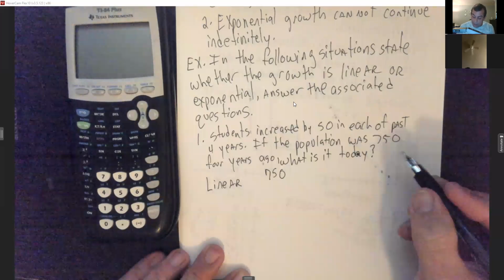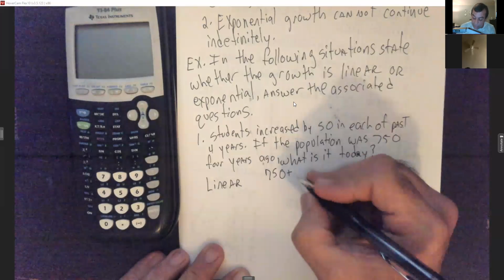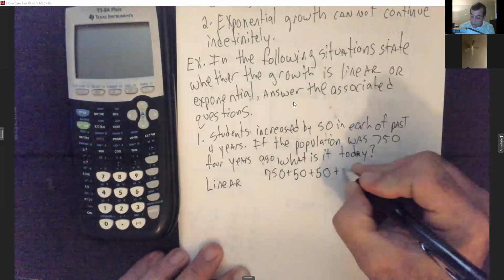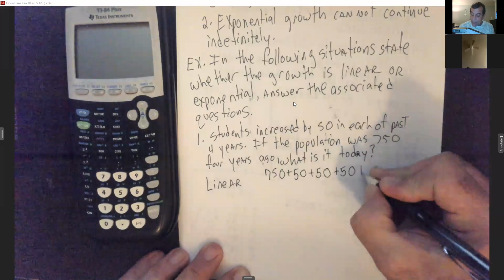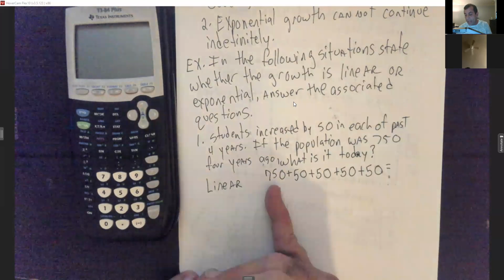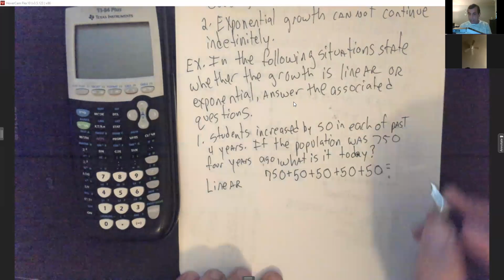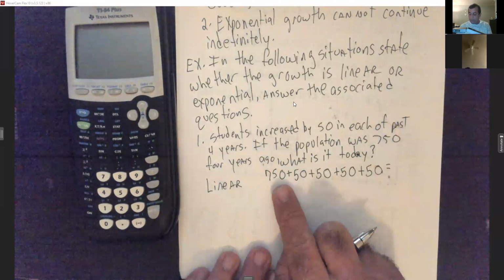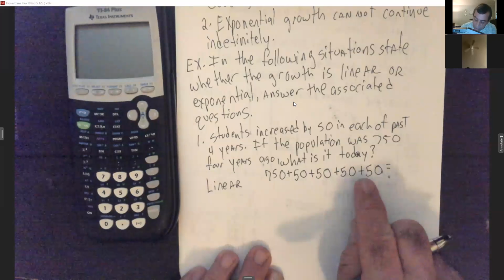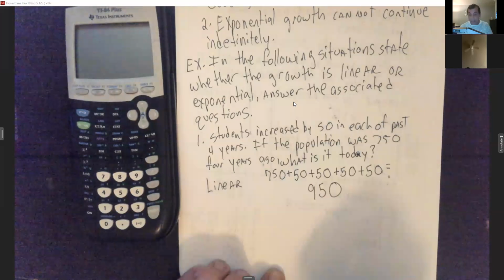And then I'm going to add 50 students a year. So the first year was 50, second year was 50, third year was 50, and the fourth year was 50. So to get your total, you'll start with how many students you had and then add 50 people for each year. All right, so let's see, that's what, 750, 800, 850, 900, 950. So the total students now at Wilson High School would be 950.